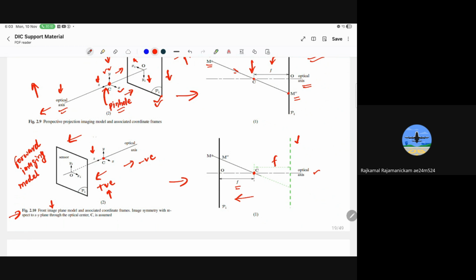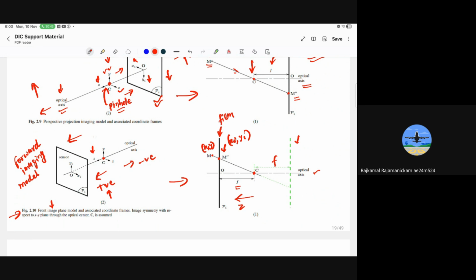Then when it is the positive Z side, you have the same film, and this is the point at which the camera is looking, and you will have the corresponding point on the film which is moved in front. If this has x, y coordinates, this will also have the same direction of x, y coordinates.